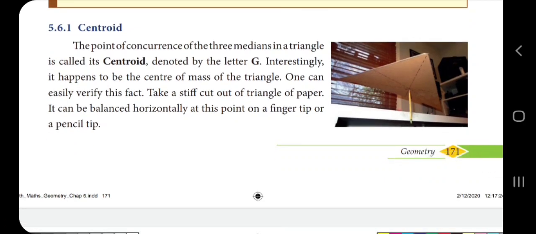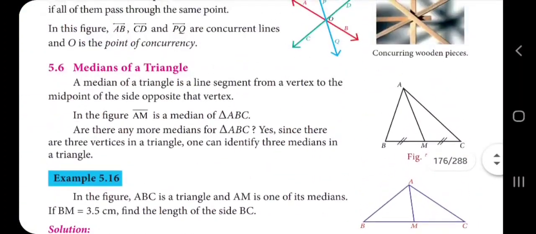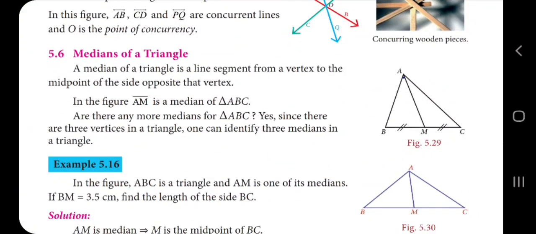Then centroid. So what is a centroid? The point of concurrency of the three medians in a triangle is called its centroid. First we saw what a median is. A median means a line from a vertex to the opposite side of a triangle, like from B to AC, C to AB.